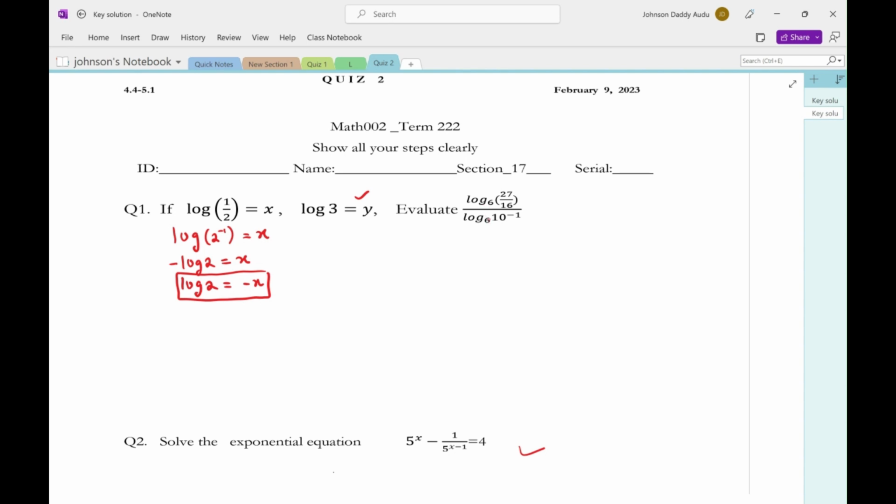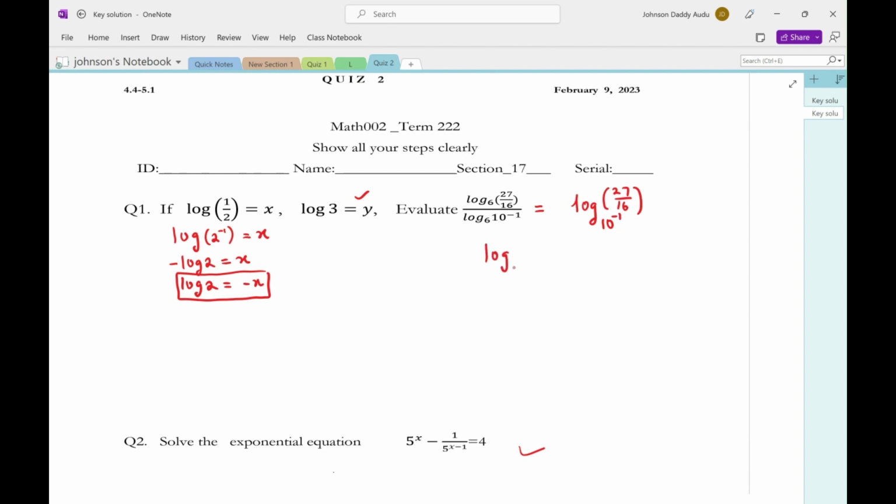Now, this is log to base 6 of 27 over 16. And the denominator is log to base 6 of 10 to the power minus 1. We can write this as just log to base 10 to the power minus 1 of 27 over 16.